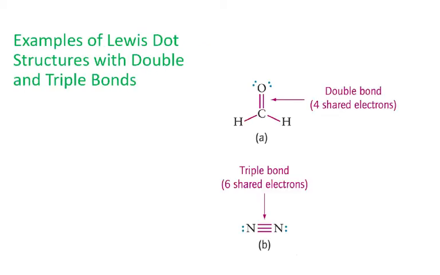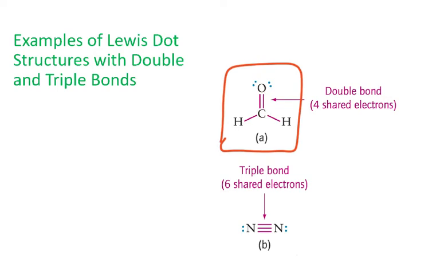So here are some examples of Lewis dot structures with double and triple bonds, and I'll help you to build it, but we can see the final result here. So here in A is a double bond between the carbon and the oxygen.